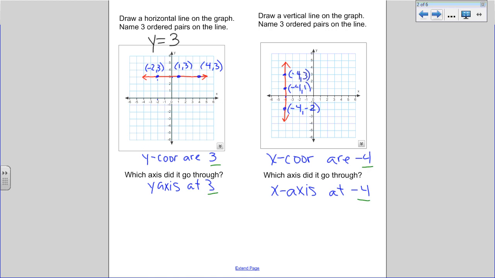When the equation was y = 3, we saw in our table all the coordinates were 3, and that we graphed a horizontal line. Here, when all of our x-coordinates have to be -4, and we have to cross the x-axis at -4, it helps us write an equation of x = -4. So let's take a look at some examples of what these problems are going to look like for writing equations.